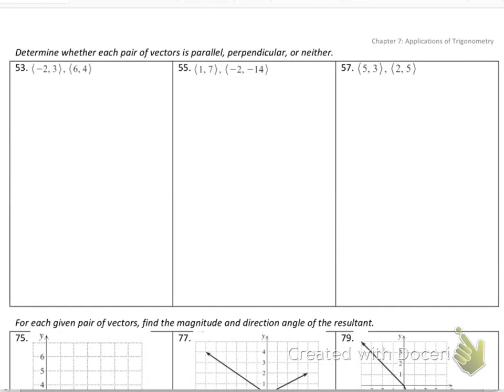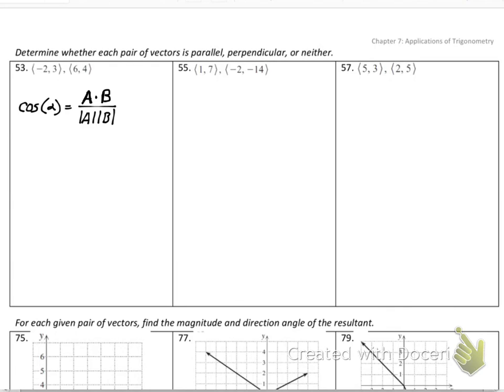So we have to do that cosine of theta equals our dot product on top and our magnitudes on bottom. So you need to find your magnitudes, and then you put the dot product in here.